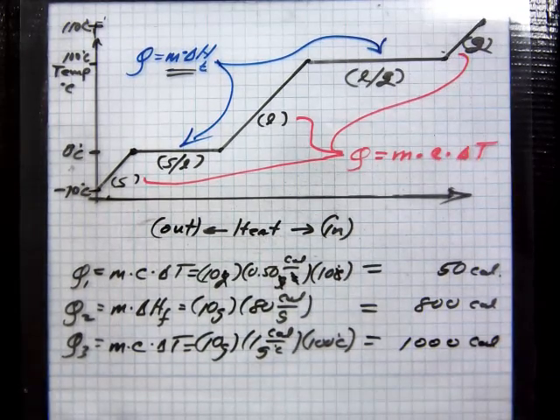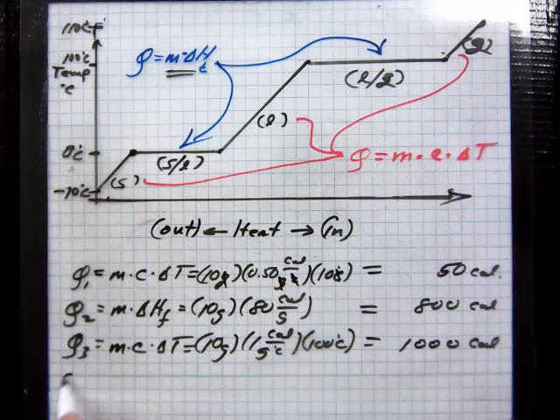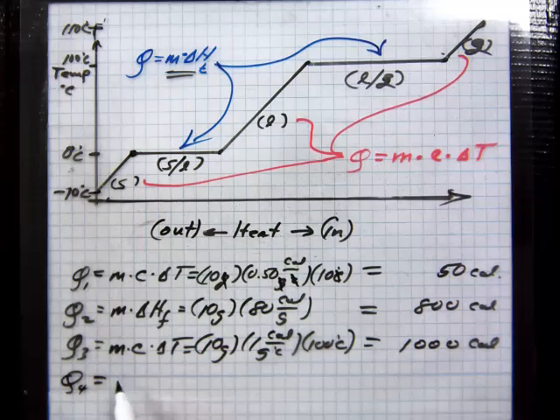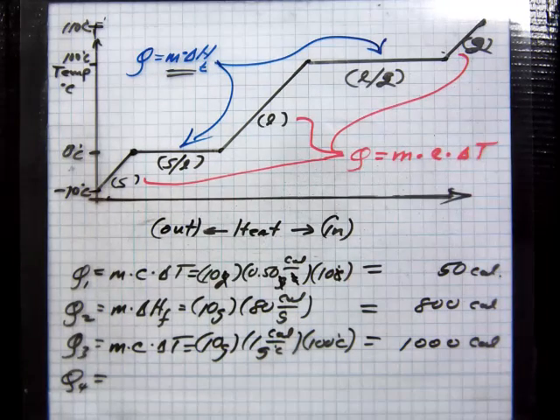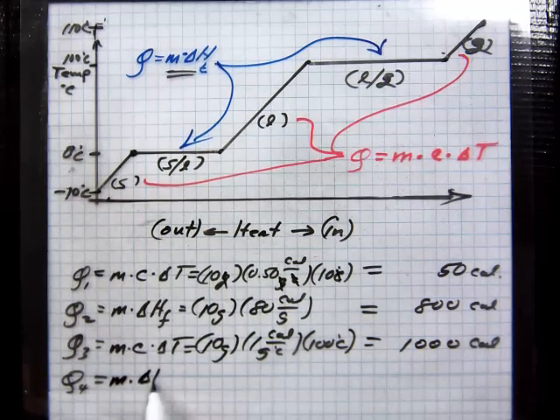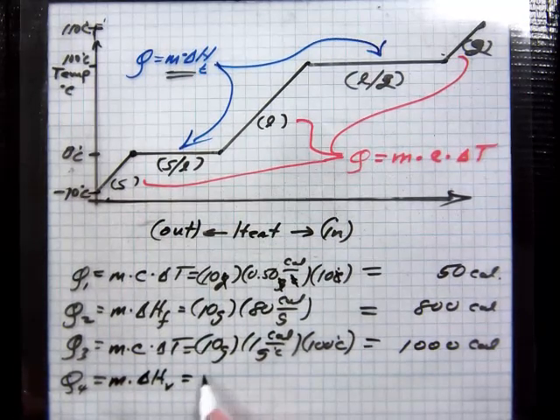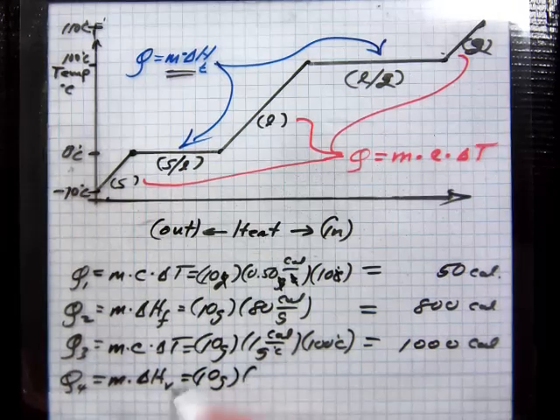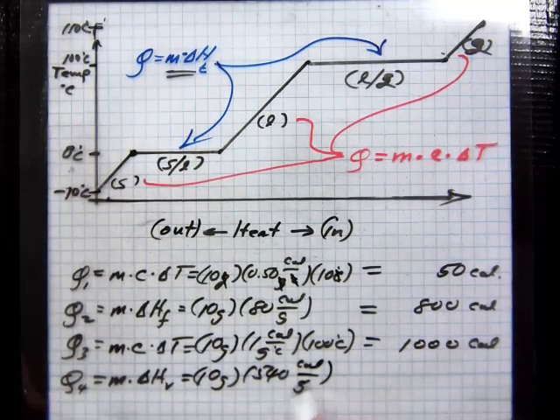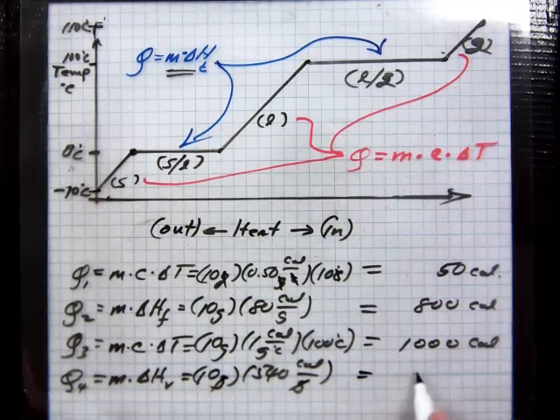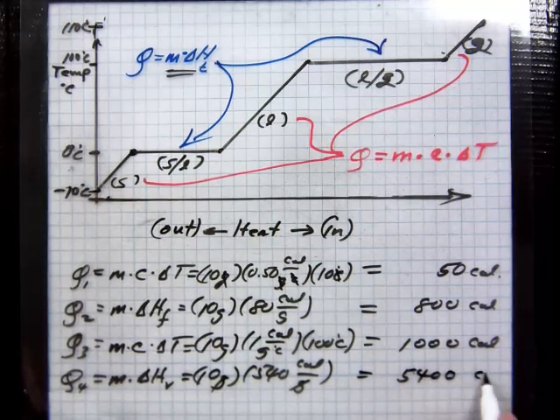And you keep going until you run out of regions to calculate. Q4 now is an evaporation region, no temperature change, so you want an M delta H expression. So that's M times delta H vaporization, and that's 10 grams. Delta HV for water is 540 calories per gram, given, and that's 5,400 calories.